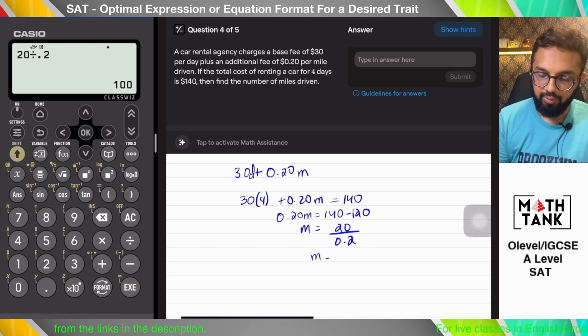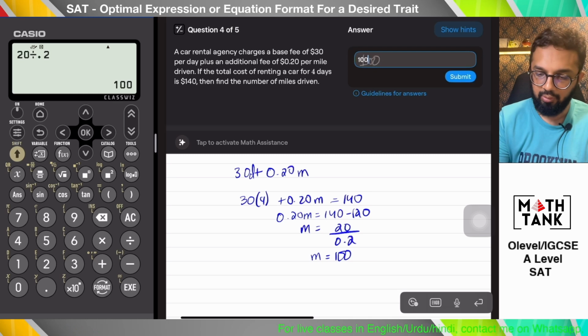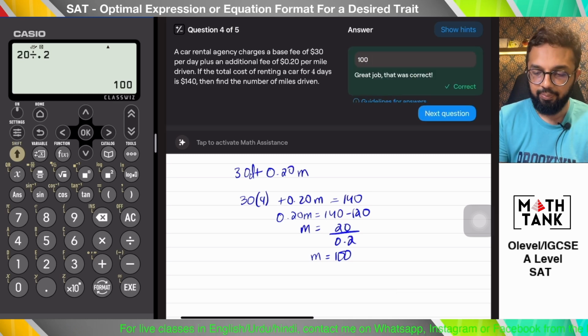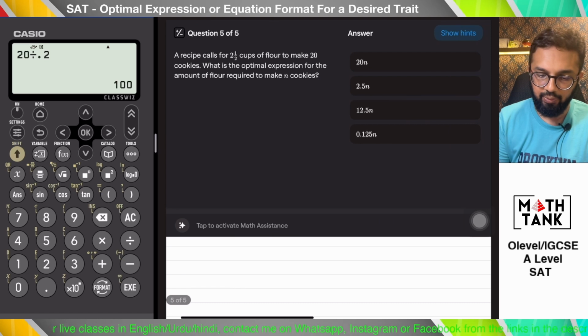M equals 100. Let's see if that is the correct answer. Yes, that is indeed the correct answer. Let's move on to the next one.